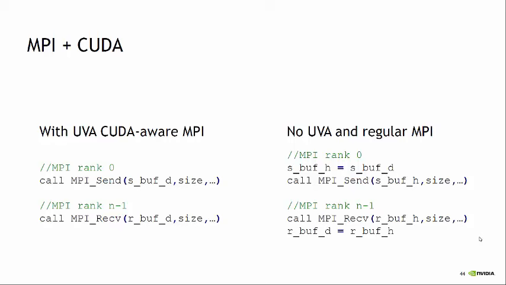So with unified virtual addressing and CUDA-aware MPI, we just pass the device pointer, or the device buffer, to MPI send. Without it, we need to do these copies, as I explained earlier. We have to go by a naive route and copy to the CPU, do the send, do the receive, copy back to the GPU. It's a lot less efficient.